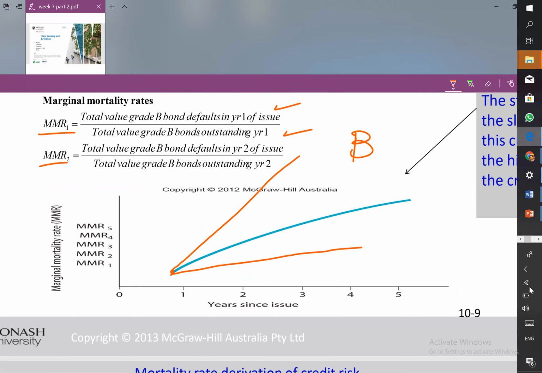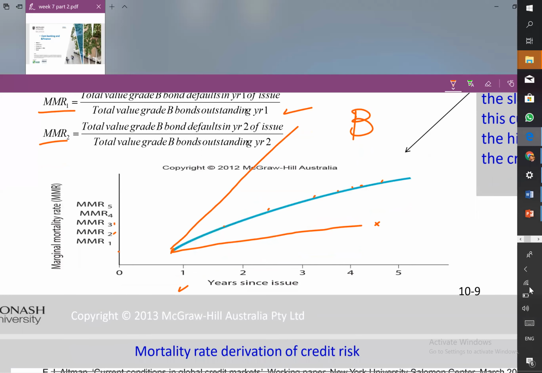This tells me the number of bonds that defaulted in year one in this class was this number here, and in year two it goes up a little bit, which is very logical. Defaulting is related to maturities. So I told you, if this line is steeper, the credit risk is higher. If it is less steep, like this line, then it's less.